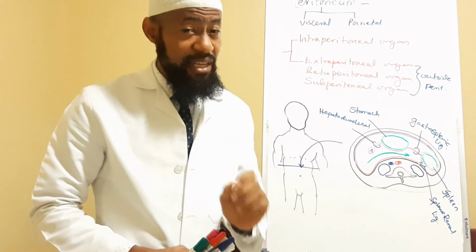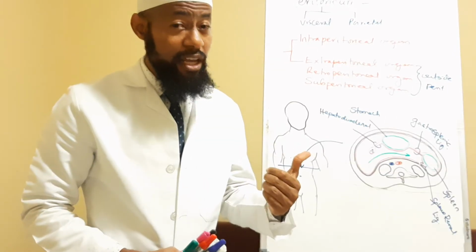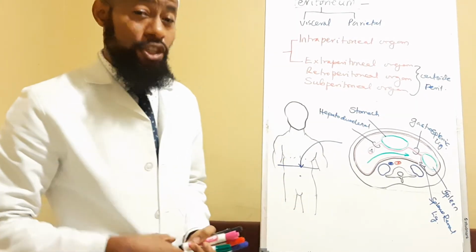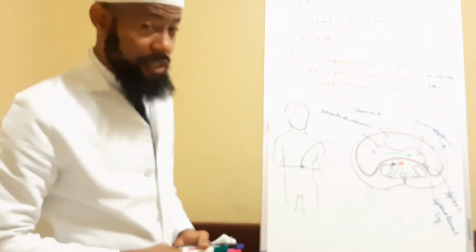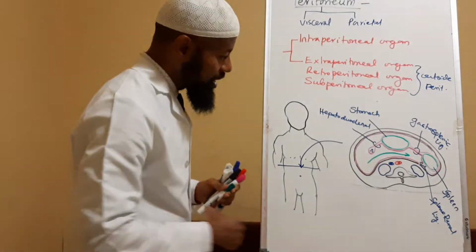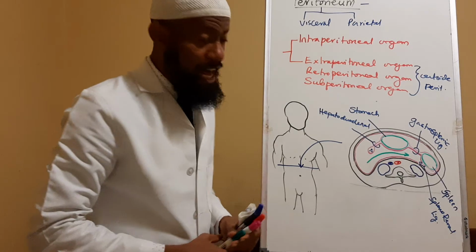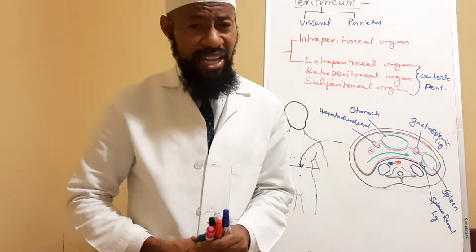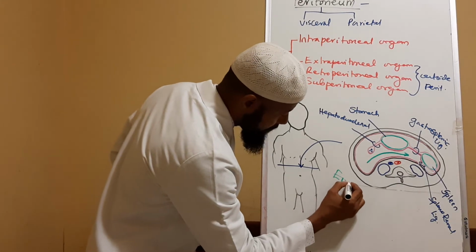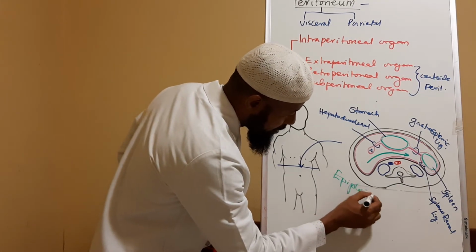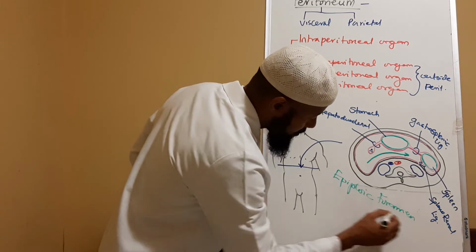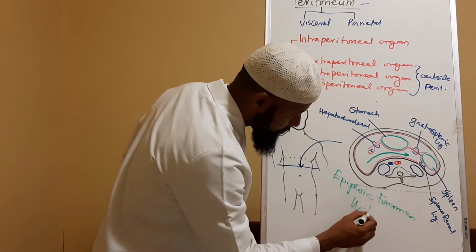They go blindly looking for the cystic artery because they want to ligate the artery during cholecystectomy, a surgical removal of the gallbladder. So this foramen is called the epiploic foramen of Winslow.